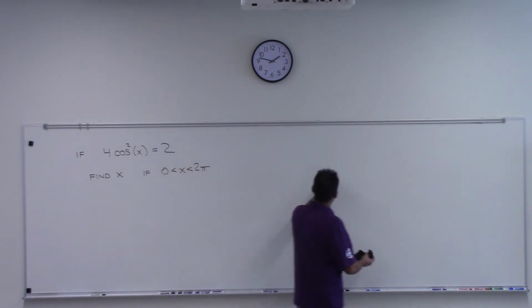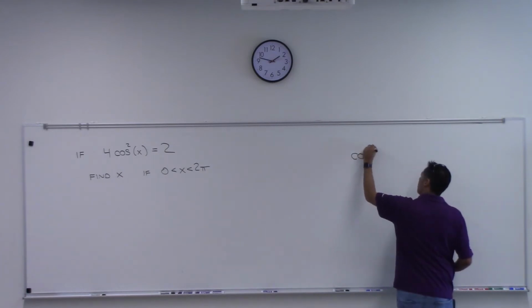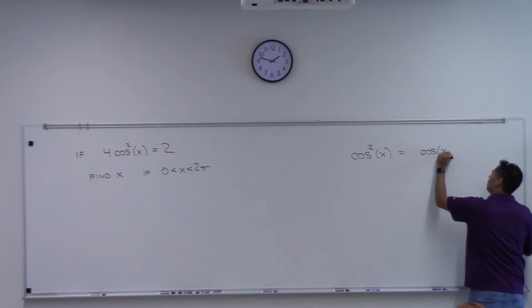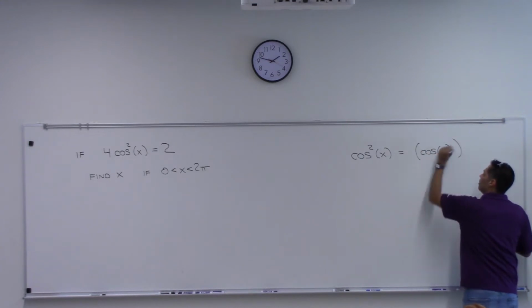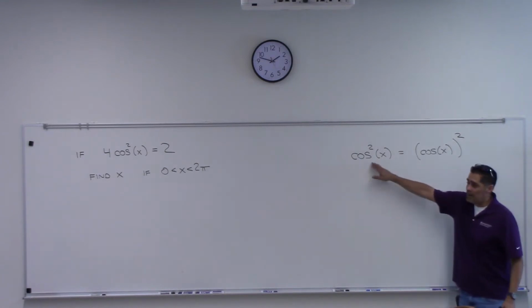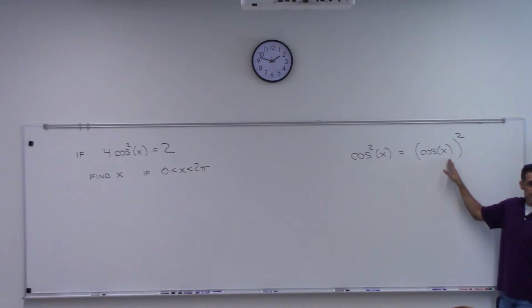All right, so this notation I just wrote on the board, cosine with a 2 here of x. What this means is the cosine function squared. Okay, that's what this means. When I write this, I mean this. All right?